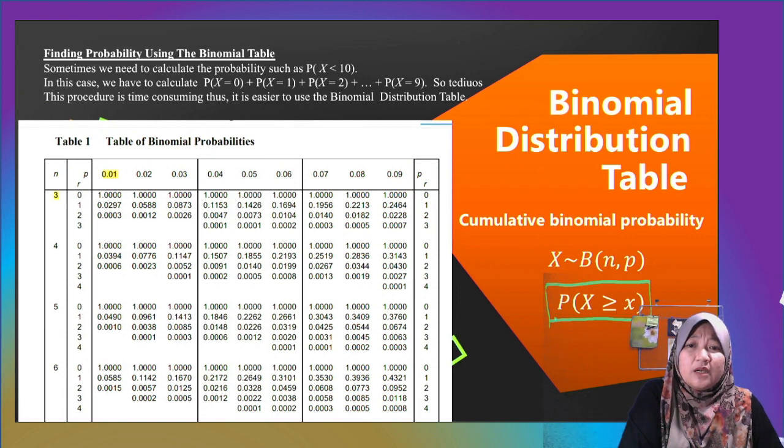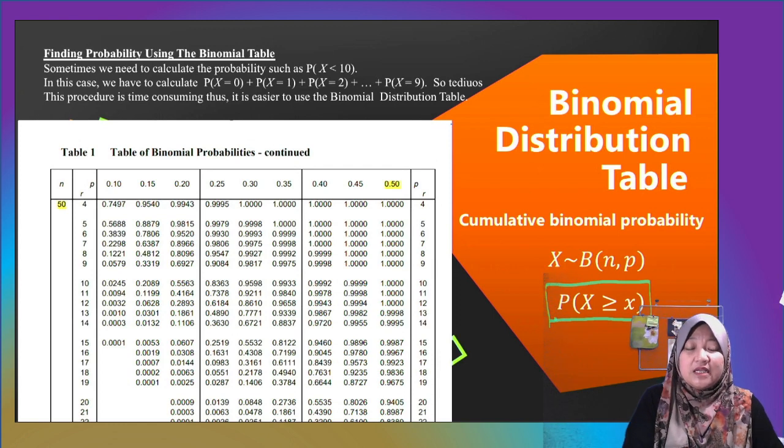For binomial table, okay, kita kena kenal dulu. Okay, the minimum probability is 0.01. N is 3. The smallest n dalam table ni adalah 3 and the smallest probability is 0.01.